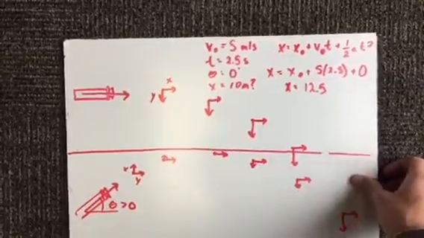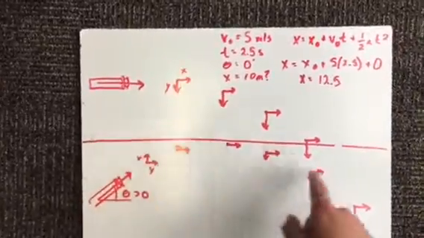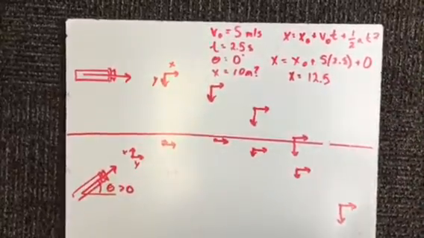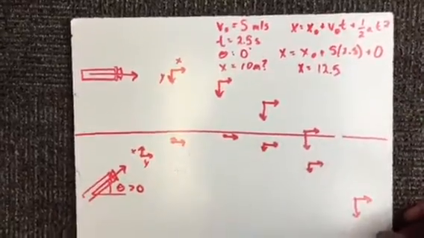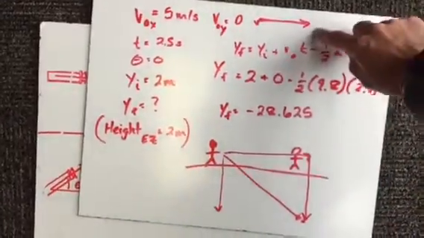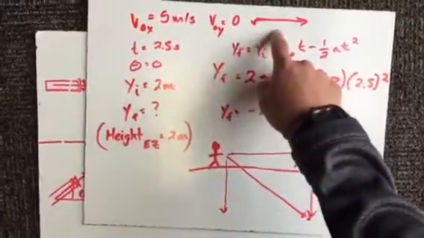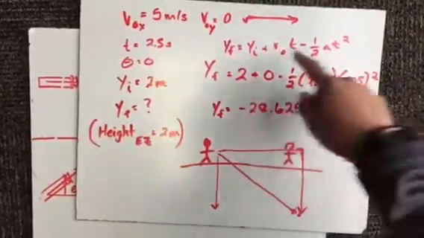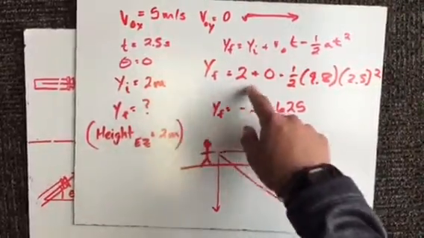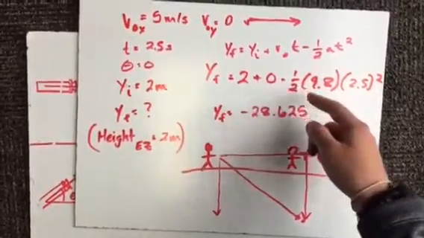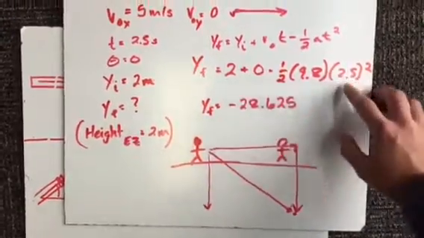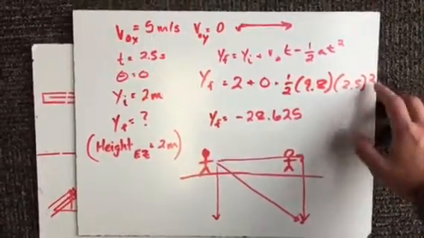But because the gravitational acceleration continually acts on the dart, it's going to move towards the ground, and it might hit the ground before it even reaches 12.5 meters. Since it's a horizontal vector with 5 meters per second, there's 0 meters per second in the Y direction. So for the Y component, you have 2 plus 0, which is velocity, minus 1/2 times 9.8, the acceleration due to gravity, times 2.5 seconds squared.